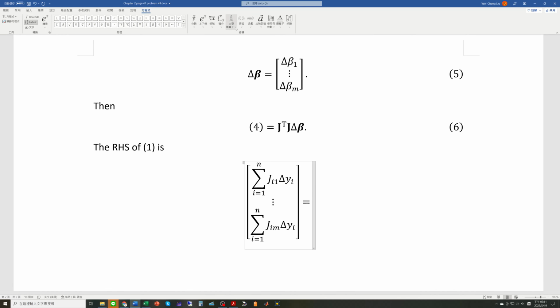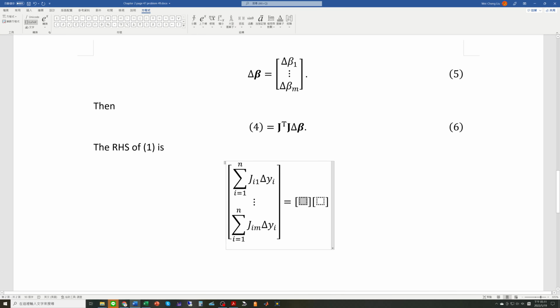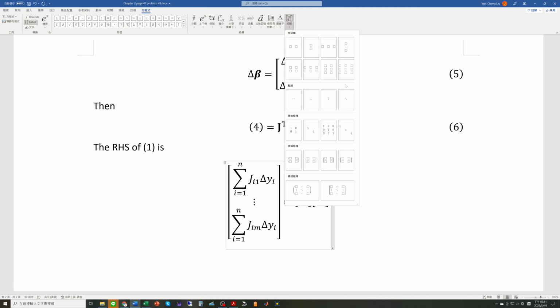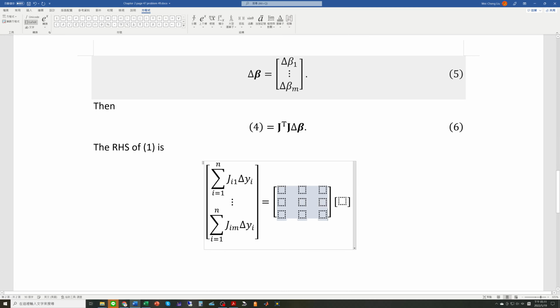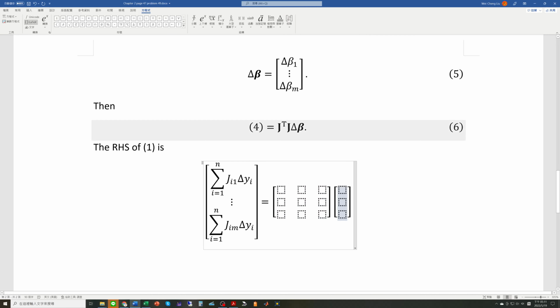So let us input brackets, and the first one should be a matrix, and the second one should be a vector. The first row of the matrix should be Ji1, where I is equal to 1 to n. So Ji1, and for the first element, I is equal to 1.